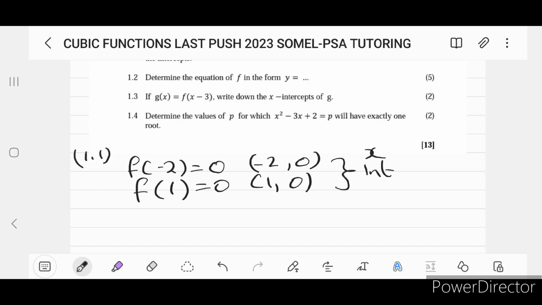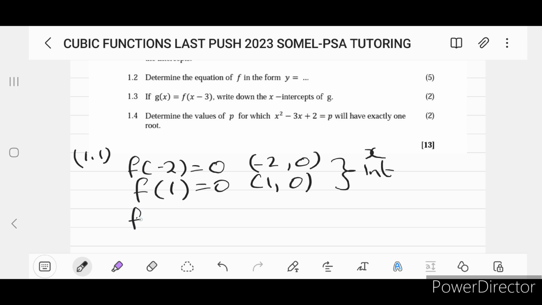We know very well that a third degree function must have three x values. So if I get only 2 x values, it means the other one was repeating. And we know that the one that is repeating is the turning point. So let's check the turning point.